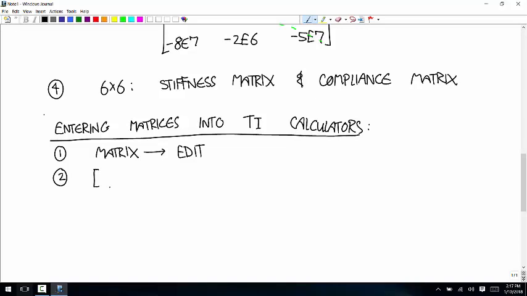So like bracket, bracket, 2, 1, close bracket, and then open bracket, -2, 4, close bracket, and then new bracket, 0, 6, bracket to end the row, bracket to end the matrix.